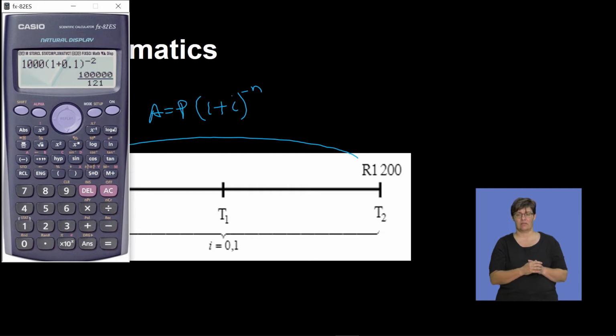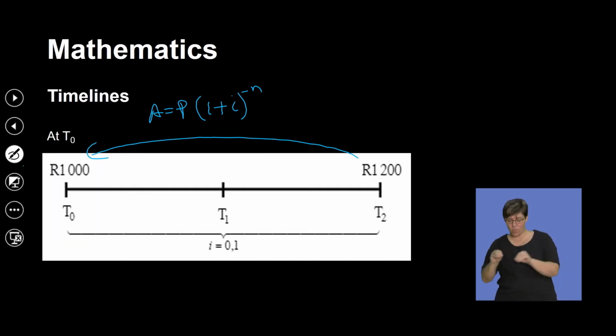So that will be a negative there. And then you can see that it was actually worth 826 rands, right? So if I wanted to move backwards in terms of me having the 1,000 rand, 2 years back, the 1,000 rand was actually worth 826 rands and 45 cents. That's what we are talking about when we are talking about moving backwards and moving forward on a timeline.